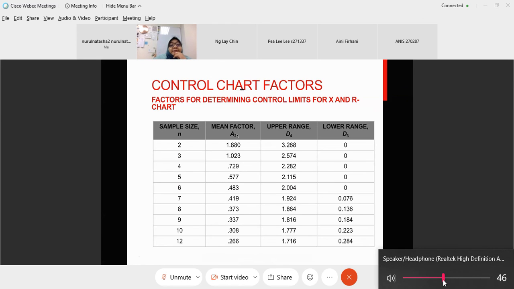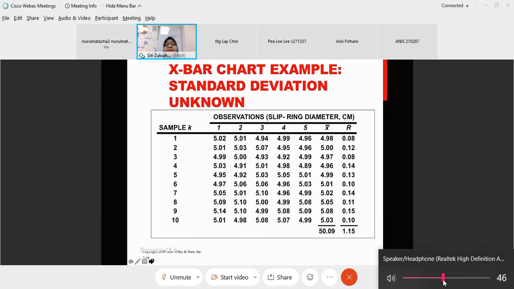Come on, guys. N equals to what? N equals to? So Hannah said N equals to 5. Right? So 0.577, you put 0.58. Because, see, this is 5. 1, 2, 3, 4, 5.